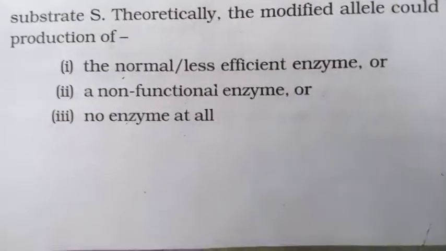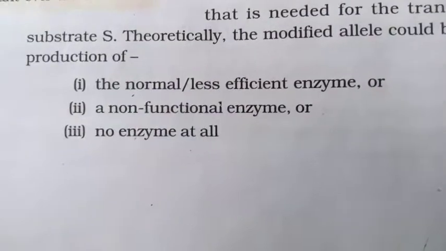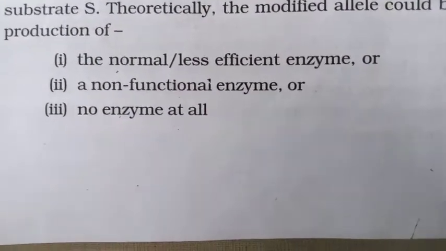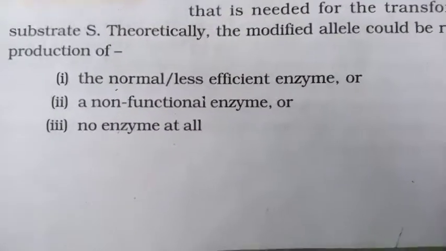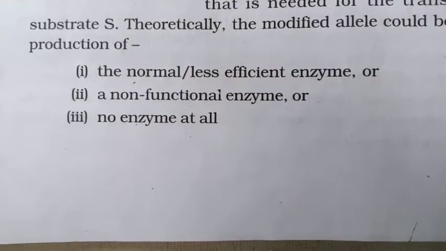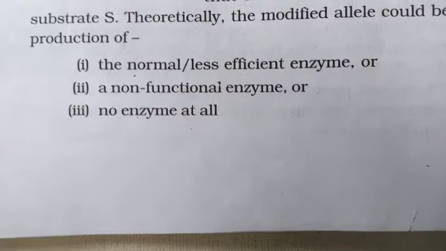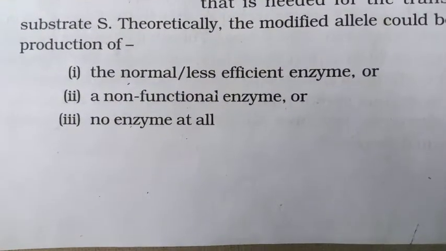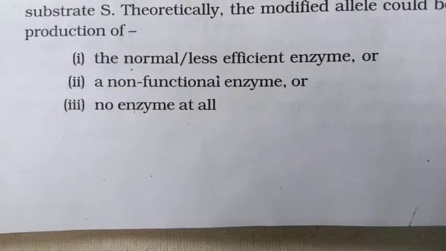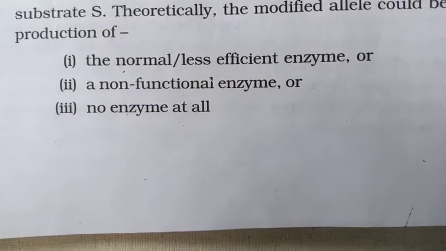Remember one thing, that there is a pair of genes, the allelic pair, responsible for producing a particular enzyme. Out of the two genes, one will function normally, and that is most probably the dominant one, and the other is going to act differently, having got modified due to one reason or the other, about which we will deal in later classes.